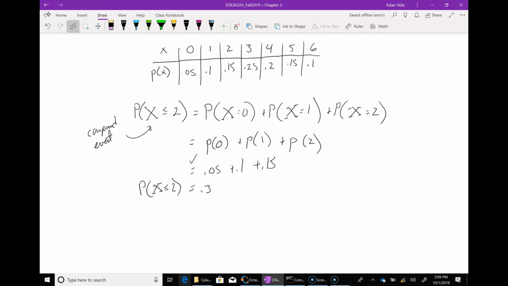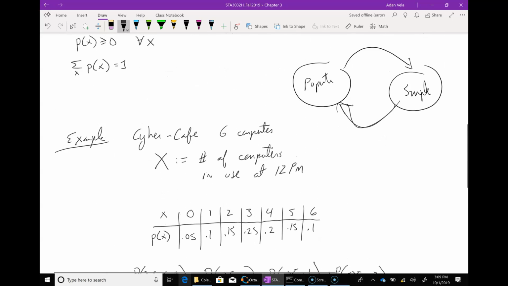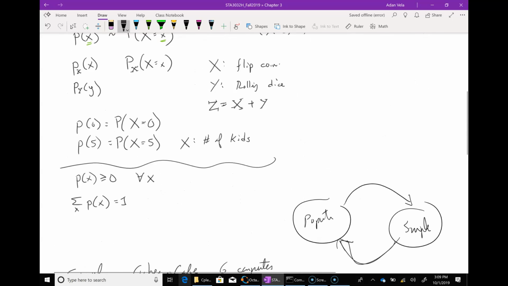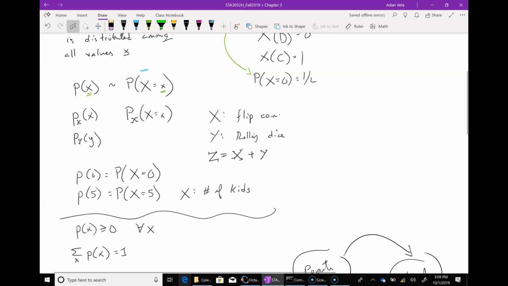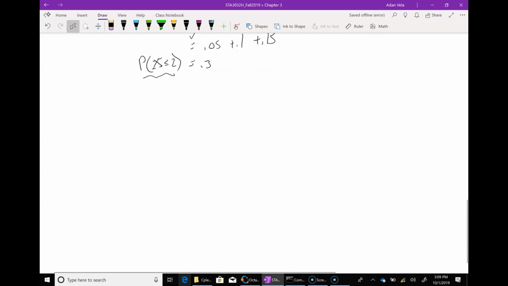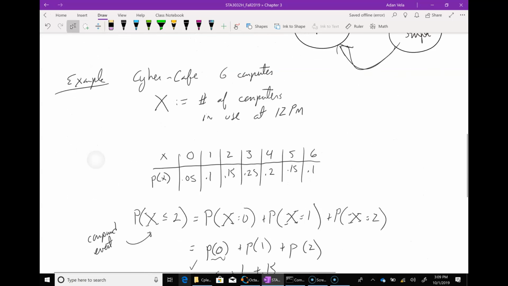Now, when we talk about these probabilities, both here and here, I like the idea of defining exactly what we mean. We did some of it up above, but let's give a little more of a formal definition.